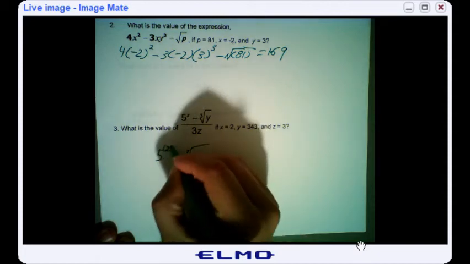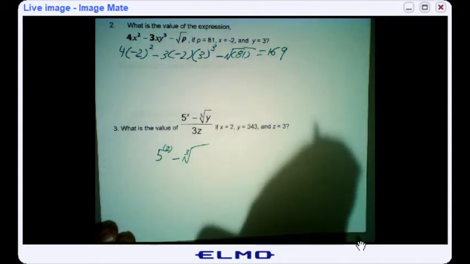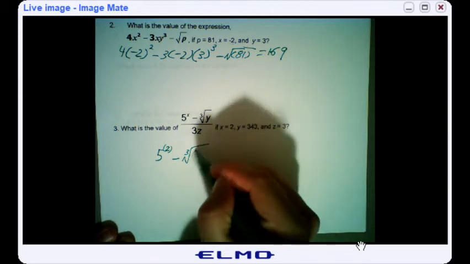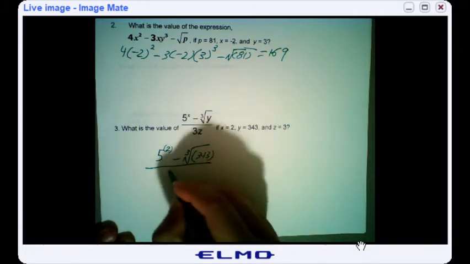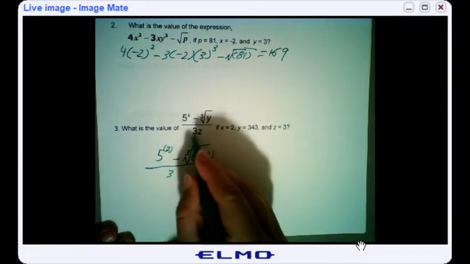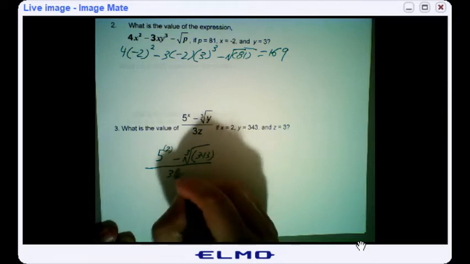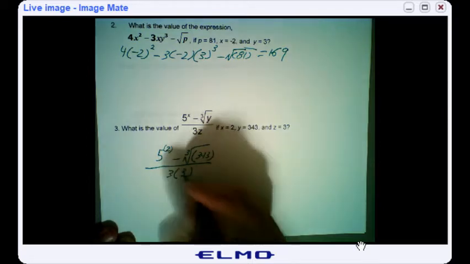I should put that in parentheses for good practice. The cube root, parentheses, y is 343. It's all being divided by 3. Remember, because 3 is right next to z, that means multiplication times 3.